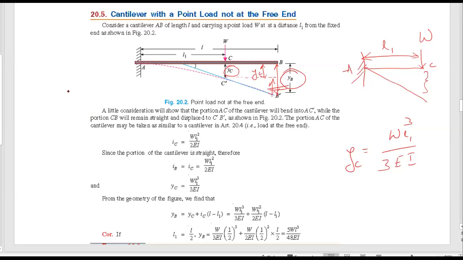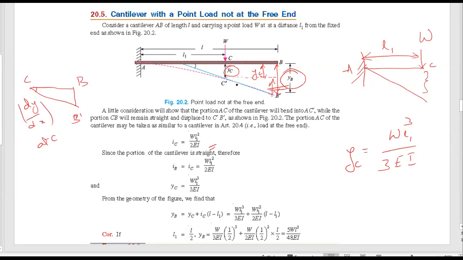Here it looks like a triangle: B, C, and this is B dash. The angle here is nothing but dy by dx at C, that is, the slope at C.